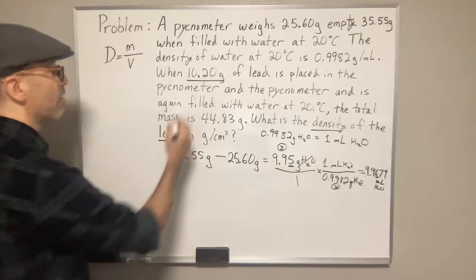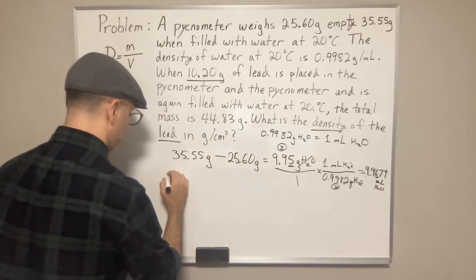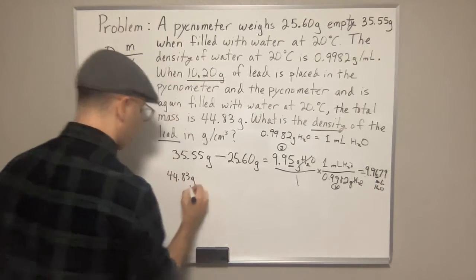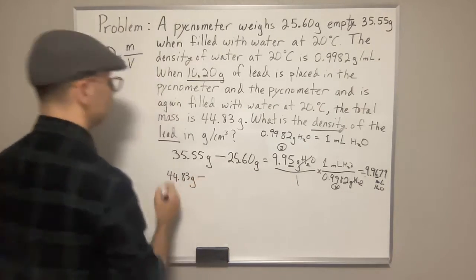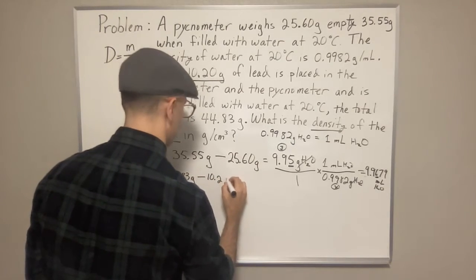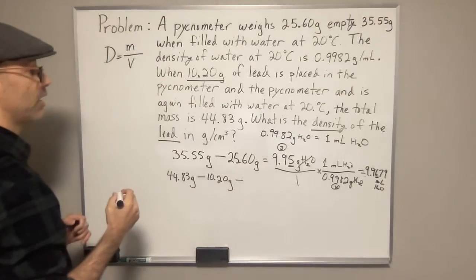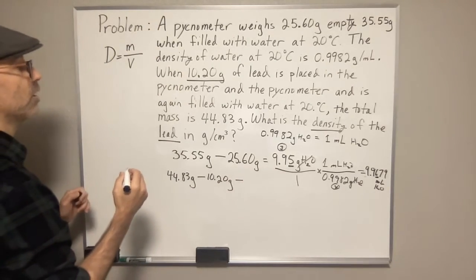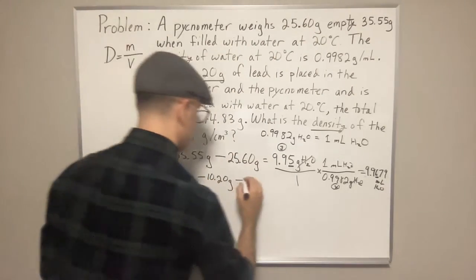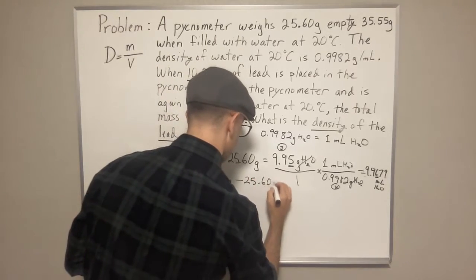So we have 44.83 grams total. We're going to subtract out the mass of the lead, 10.20 grams. And we're going to subtract out the mass of the empty pycnometer, 25.60 grams.